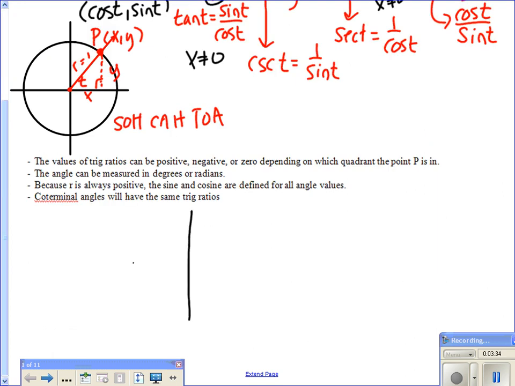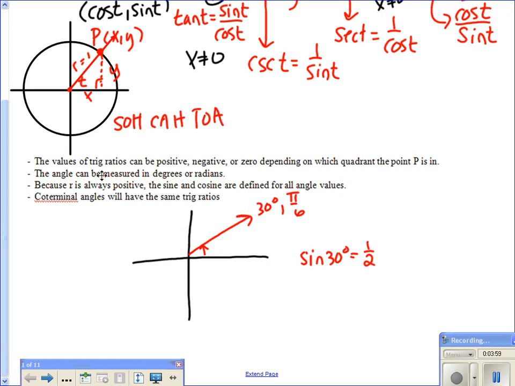So let's use 30 degrees. 30 degrees, remember, is the same thing as pi over 6 in radians. If I do the sine of 30 degrees, we now know that the sine of 30 degrees is equal to 1/2 using our unit circle that we have memorized.